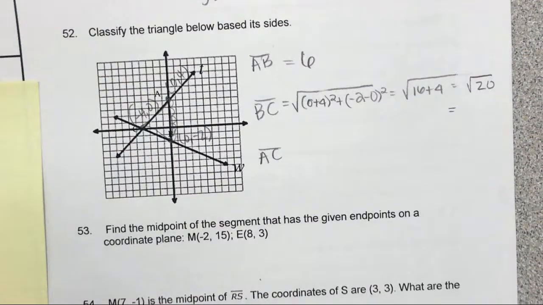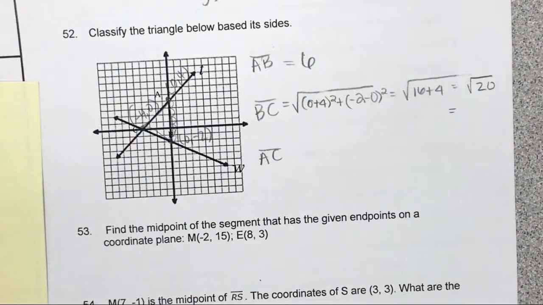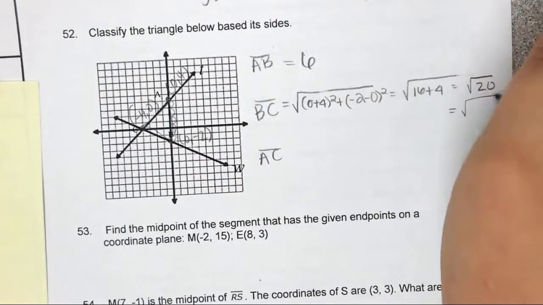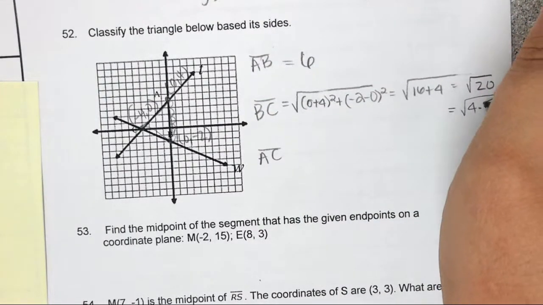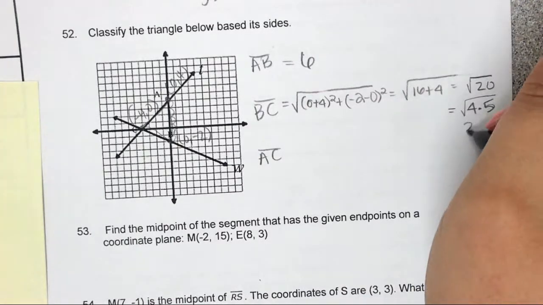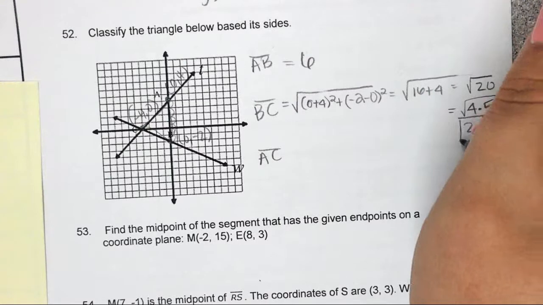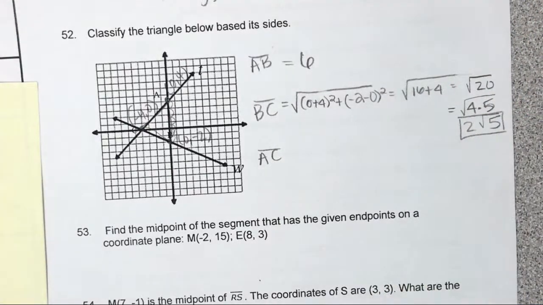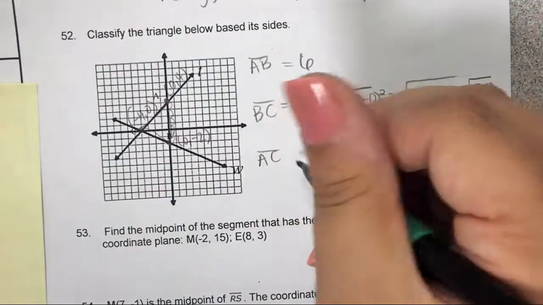To practice simplifying, how do you get 20? 4 times 5. And what is the square root of 4? So it's going to be 2 square roots of 5. Okay. And then AC, I'm going to do the same thing.